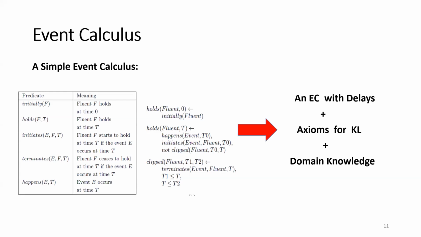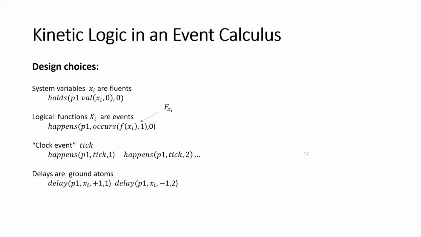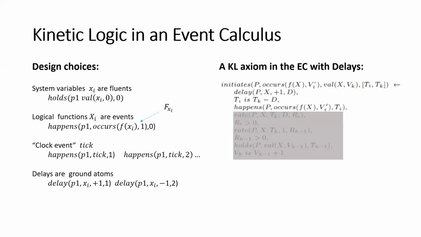And then there's the domain knowledge, which we're interested in, about the system that we're actually modeling. These additional bits, the event axioms for kinetic logic and domain knowledge, are in the event calculus literature just called domain-specific axioms, but we're distinguishing them slightly for clarity. So we make certain design choices in the event calculus. We say that variables like xi's are fluents, so something holds, which means that value of xi holds.